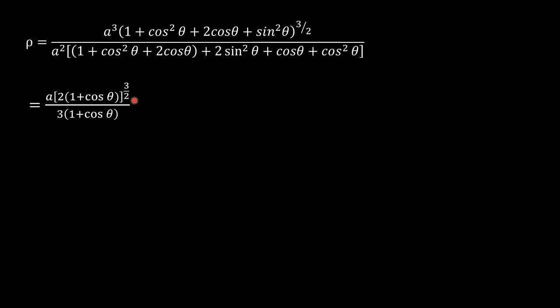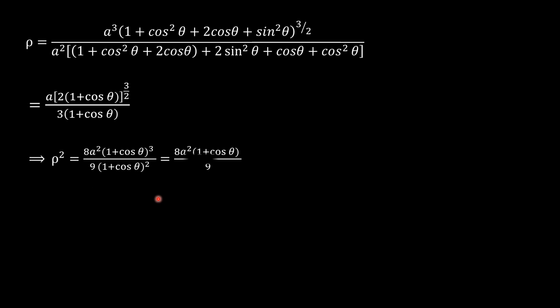1 plus cos theta to the power 3 by 2 divided by 3 into 1 plus cos theta. Squaring on both the sides, so that rho square is equal to 8a square by 9 into 1 plus cos theta whole cube divided by 1 plus cos theta squared.